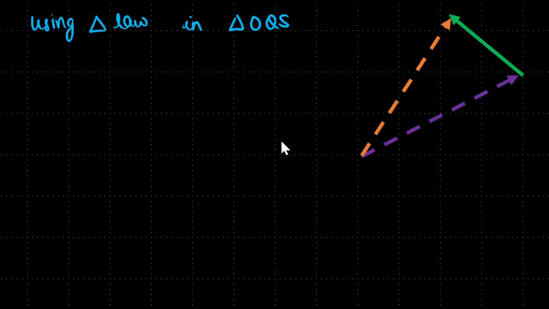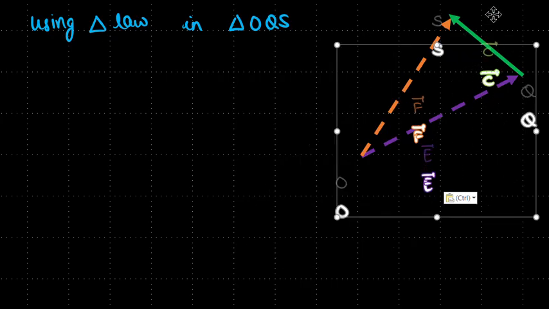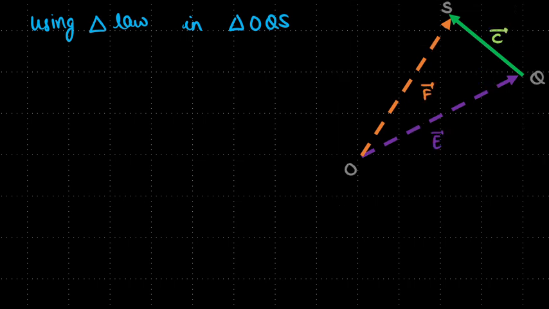So copy that, move that, let's copy this and move it over here. Yeah, I think that fits pretty well. If you look over here, if you forget the dotted lines, it looks like the triangle law once more, right?